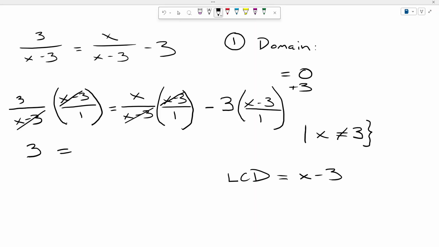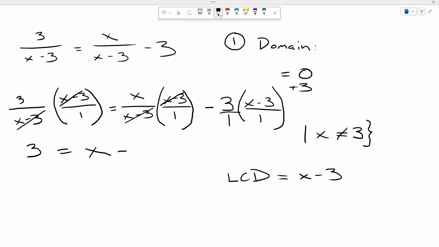x over 1, which is just x, and then minus, in this case, we don't have cancellation, but all we're doing is multiplying fractions, so let's multiply the top out.